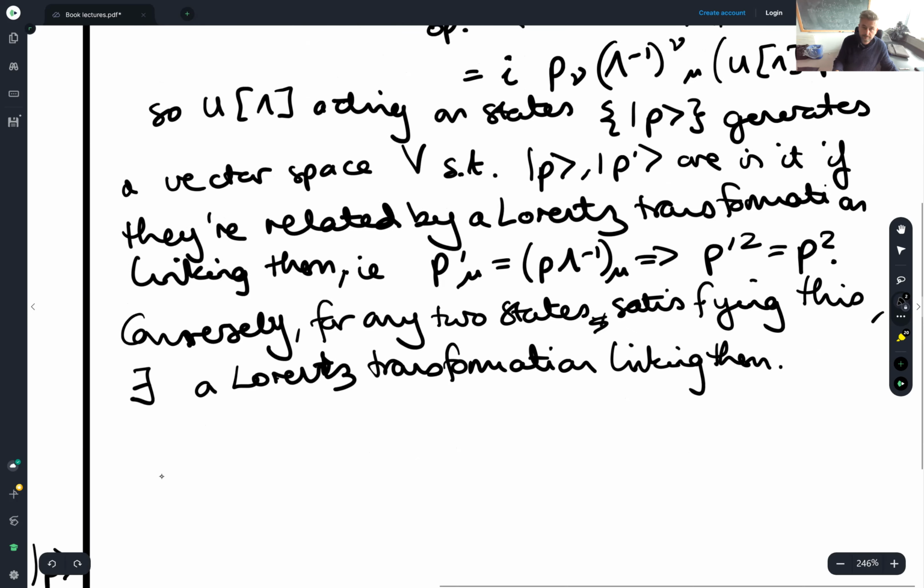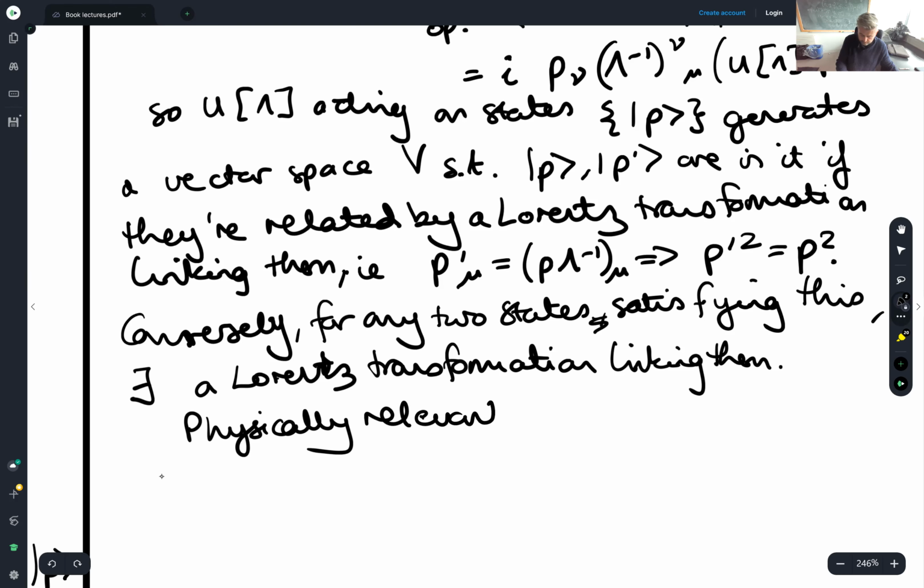So the physically relevant cases for us have p squared bigger than or equal to 0. For a one particle state, for instance, we definitely have p squared bigger than or equal to 0.